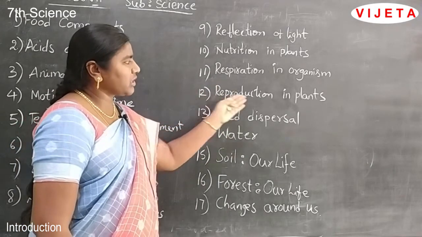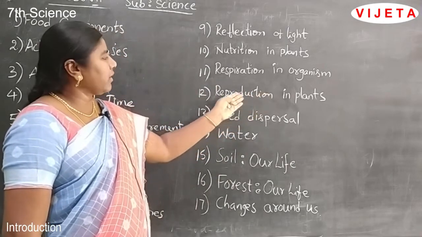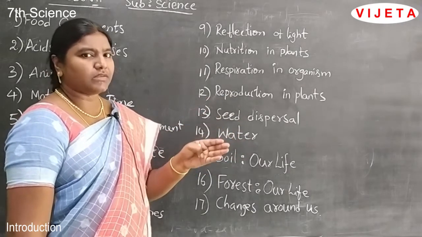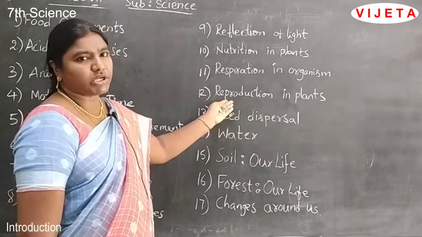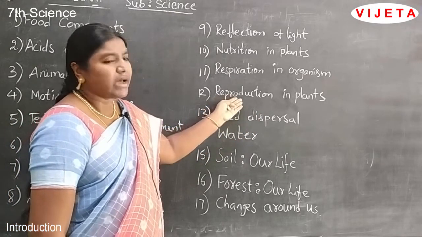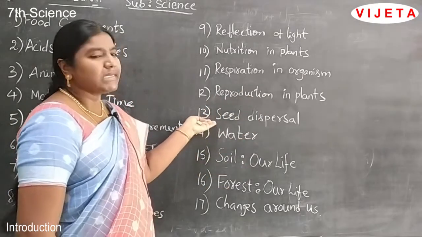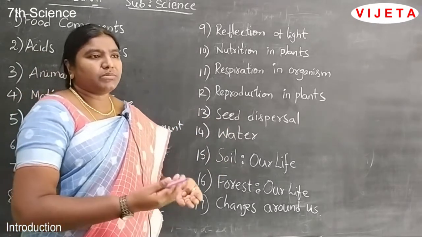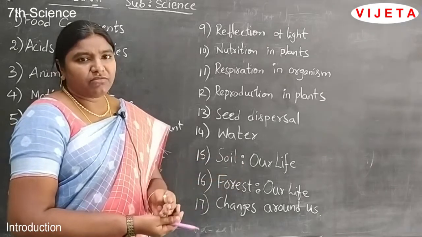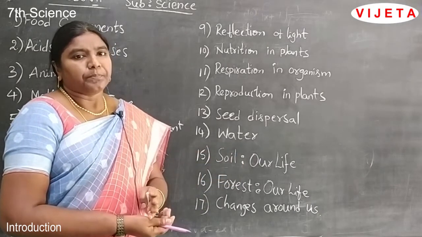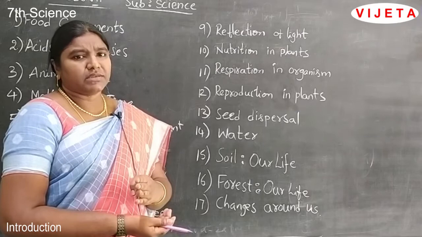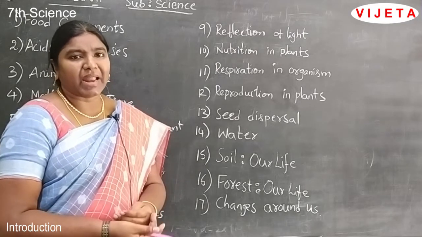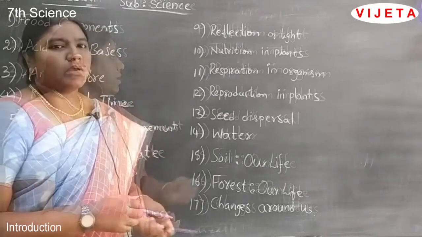Next, reproduction in plants. Already we know living things reproduce, and plants also reproduce. These topics are learned in reproduction in plants. Next, seed dispersal. Already we know seeds. Sometimes when we are walking on roads somewhere, we can see different types of plants there.